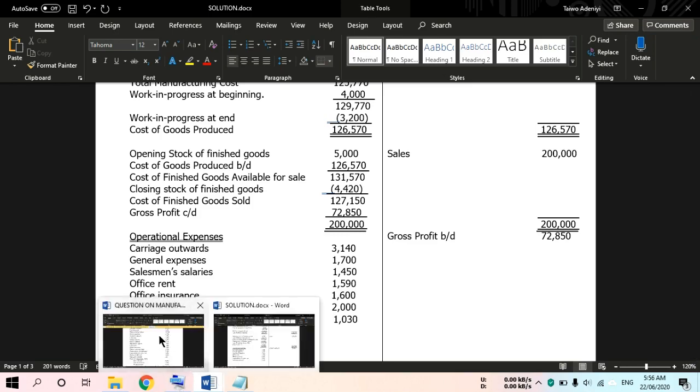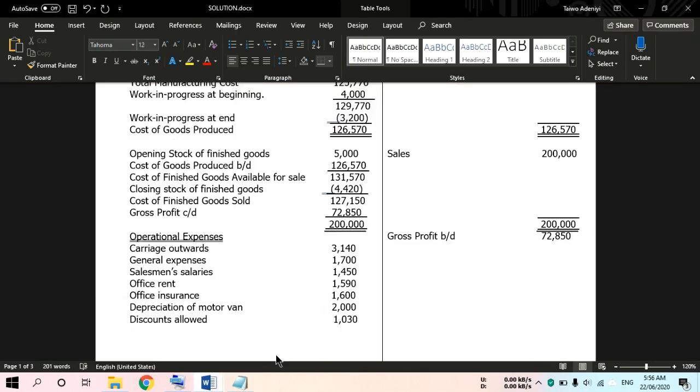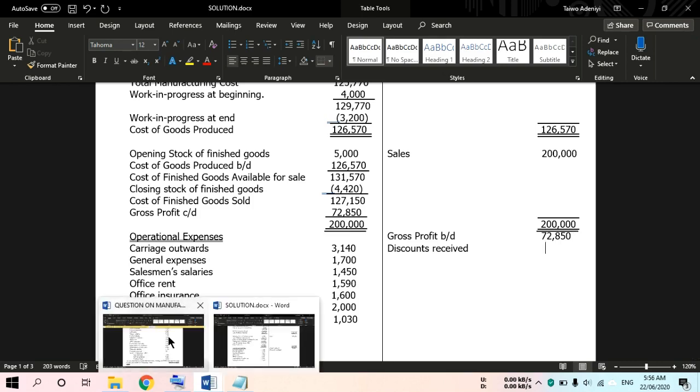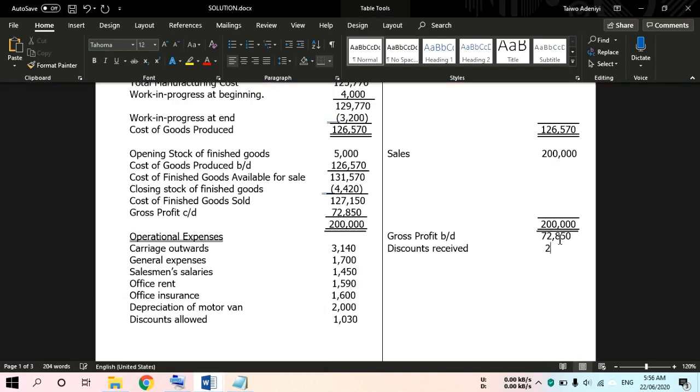Next is discount received, and that will be on the credit side of the profit and loss account. Discount received is 220 naira. Good.